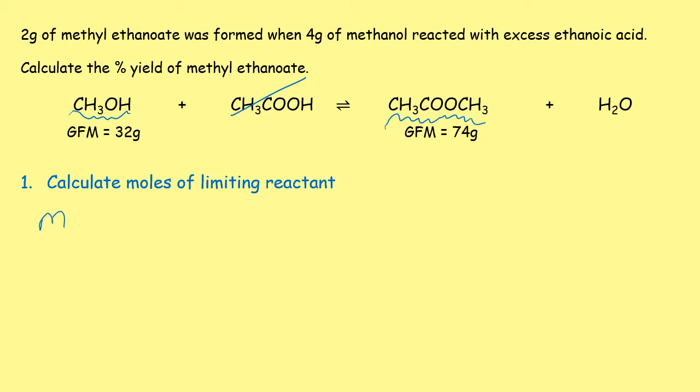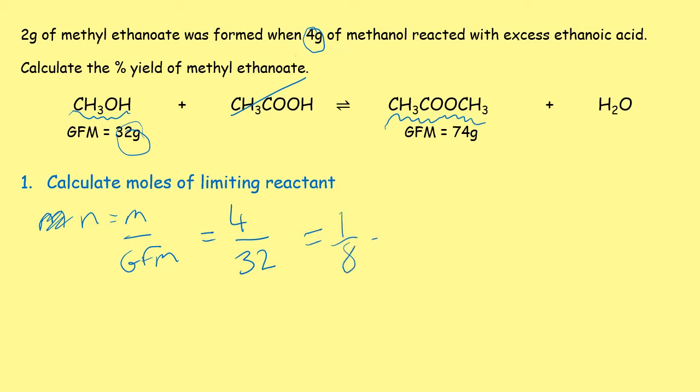We know that there were 4 grams, so n equals m divided by GFM, which is going to be in this case 4, which we've taken from here, divided by 32, which has come from here. That's 1/8, which is actually a nice number. It's 0.125 moles. So step 1, quite easy.